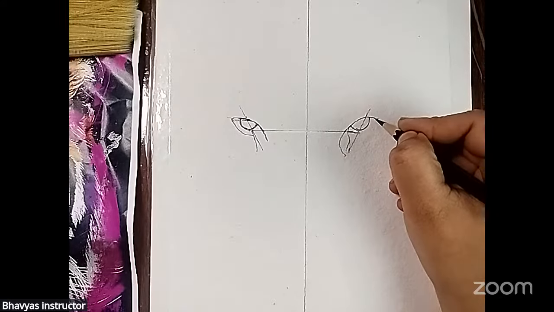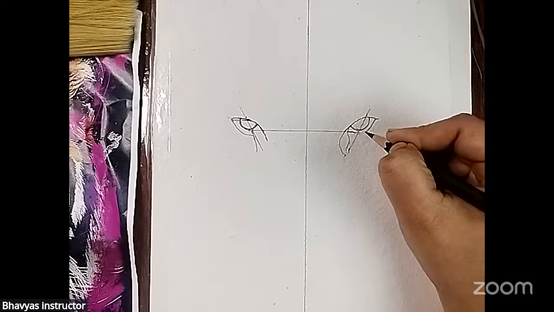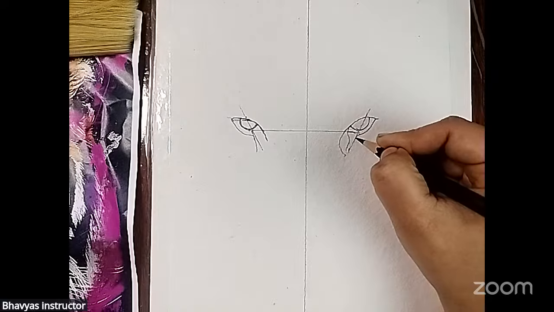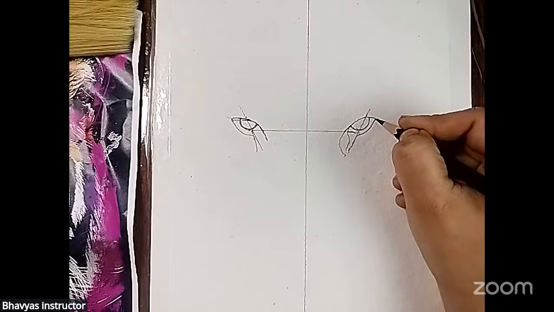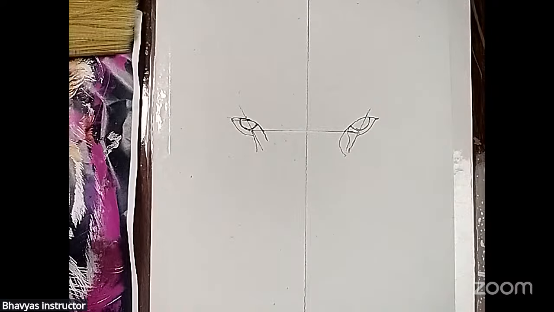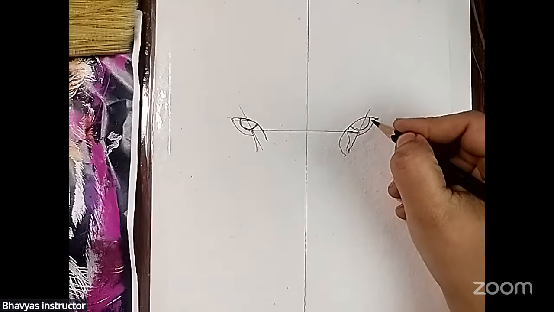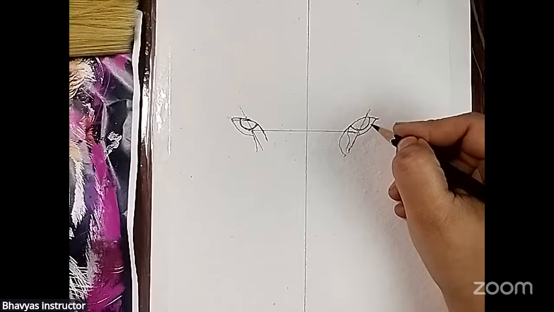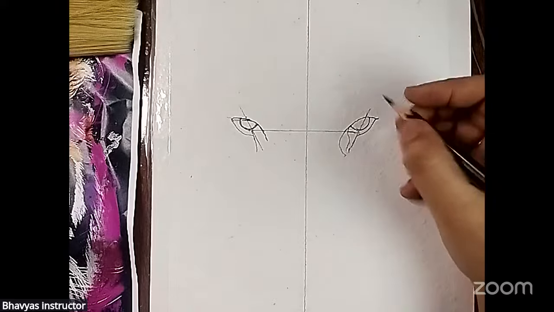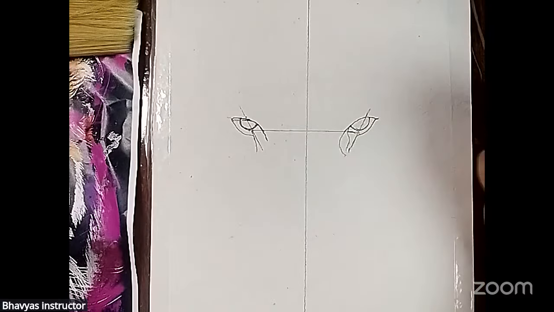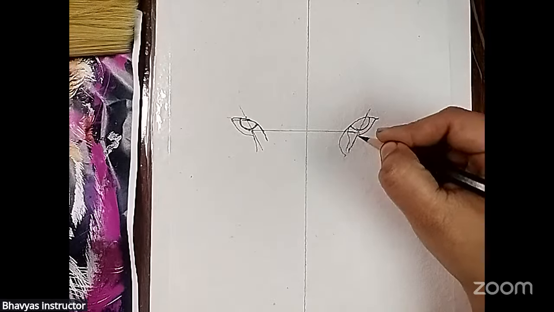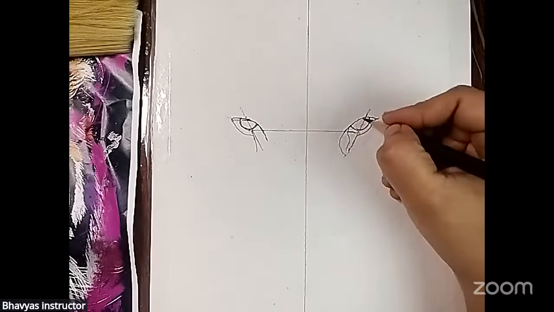Move a little bit and from down join like this. So here we have left space for the darker value of the tiger's eye. While painting, we will do the darker value for the tiger's eye.